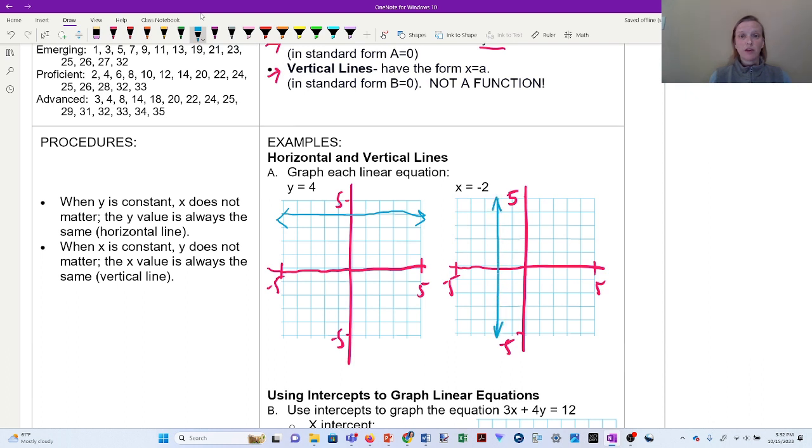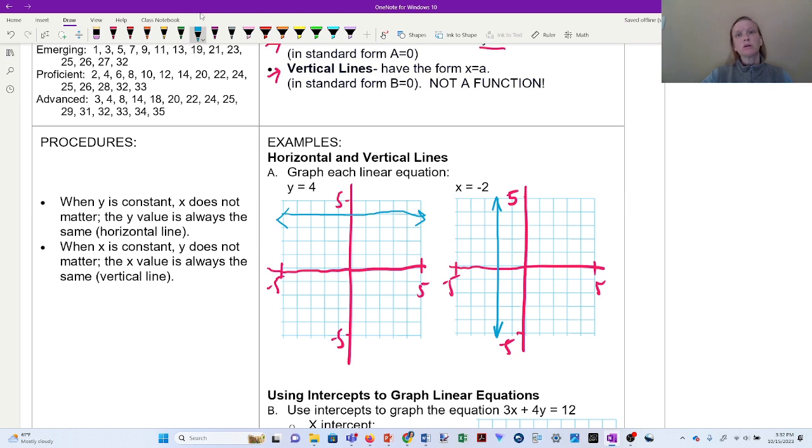So this is my graph of x equals negative 2. Notice it is not a function. It fails the vertical line test because when I get to x equals negative 2, I intersect the graph more than once. In fact, I intersect the graph infinite times. So those are special cases of linear equations in standard form.